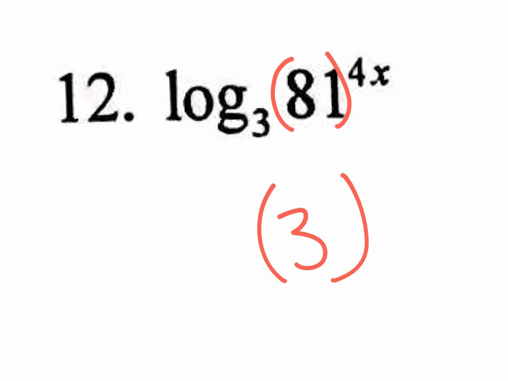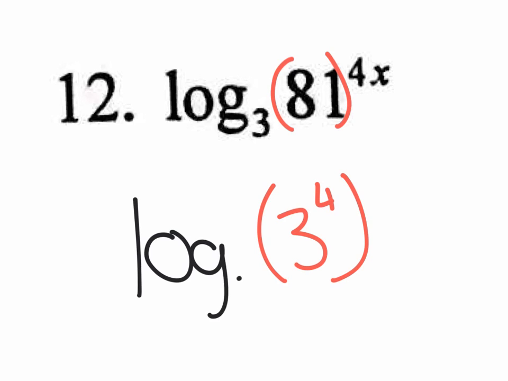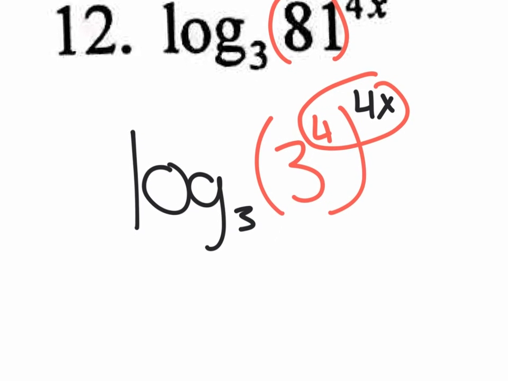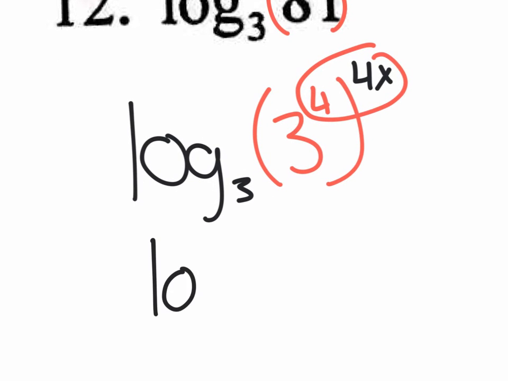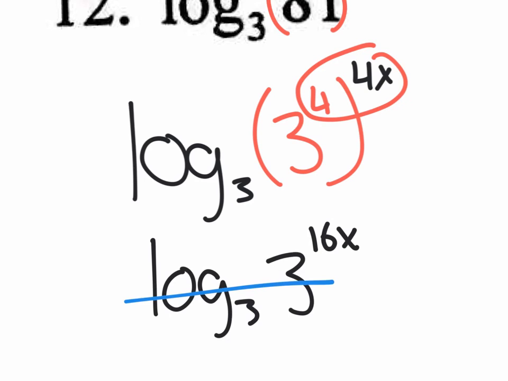Yes, you could change to a 3 to the 4th power. Rewriting the rest, log base 3 of 3 to the 4th, and it still has the 4x power outside. So power to a power, you multiply. This will be 16x. So let me rewrite everything just to show my work. Log base 3 of 3 to the 16x. And the log base 3 of 3 cancels out. 16x is your final answer.